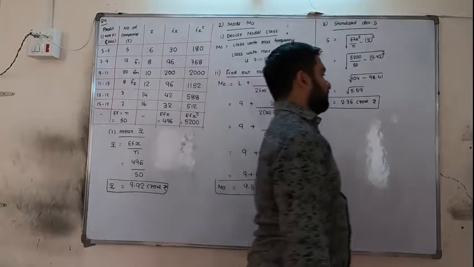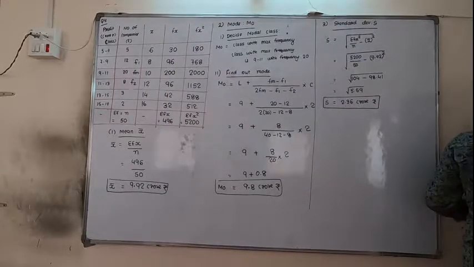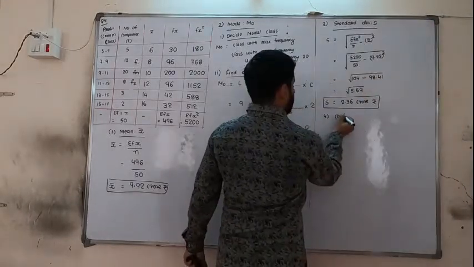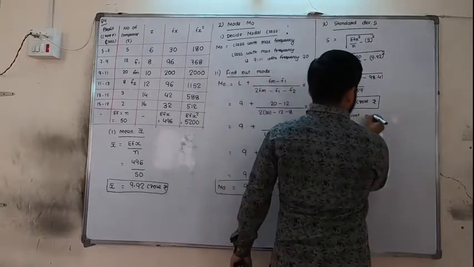Now what do we have to find? Only the coefficient of skewness. Okay, so number 4, directly the coefficient, because skewness they have not asked.